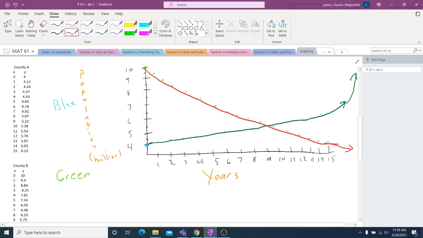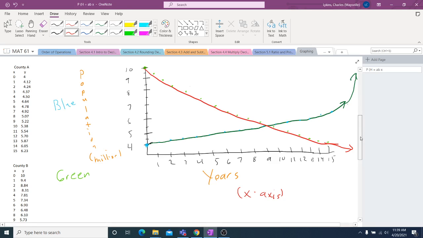Eventually this will hug the x-axis as it approaches 0. As time goes on, when you hit 100 years, 200 years, eventually it's going to go all the way to 0. It'll never reach 0, but it'll come close.